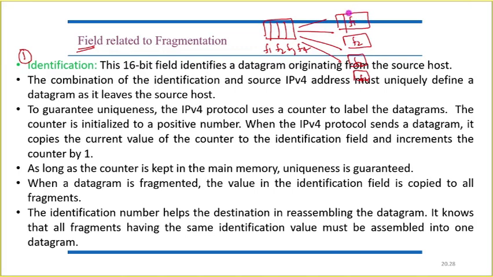But here there is an identification field, which is a 16-bit value. Suppose 2400 is the identification value in this 16-bit field. The same 2400 will be the identification value for all the fragmented parts.